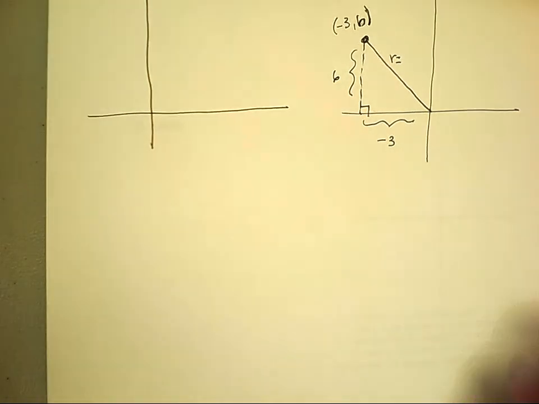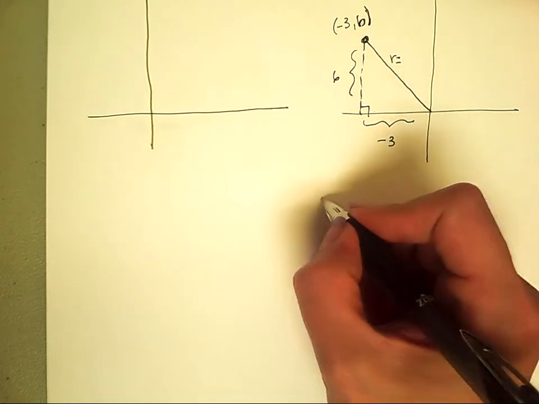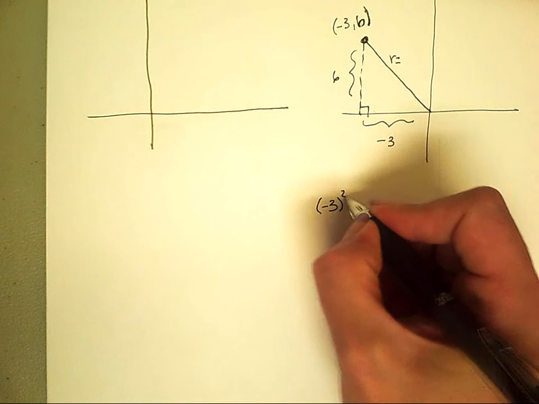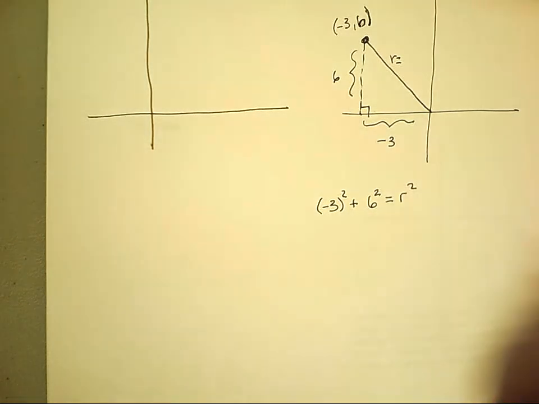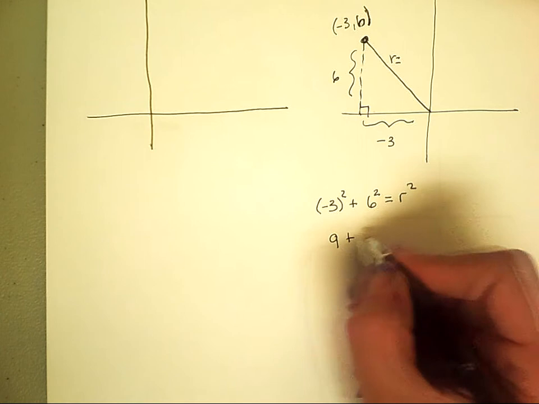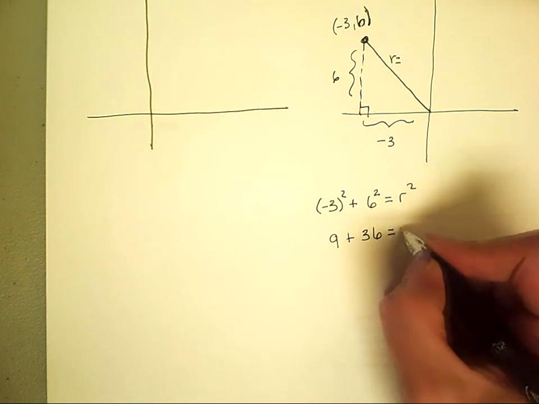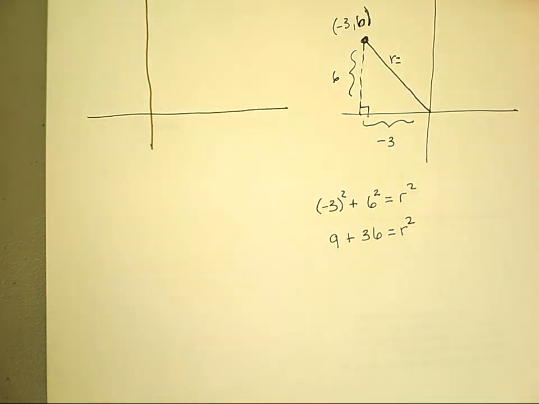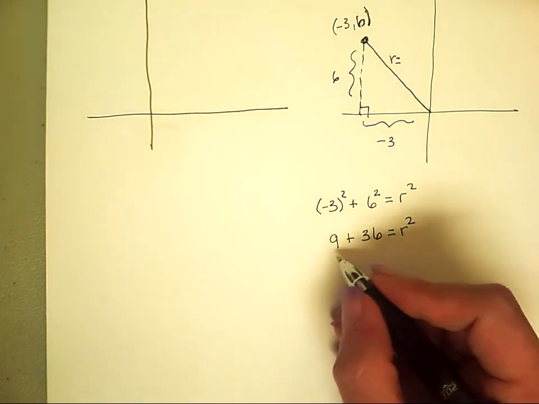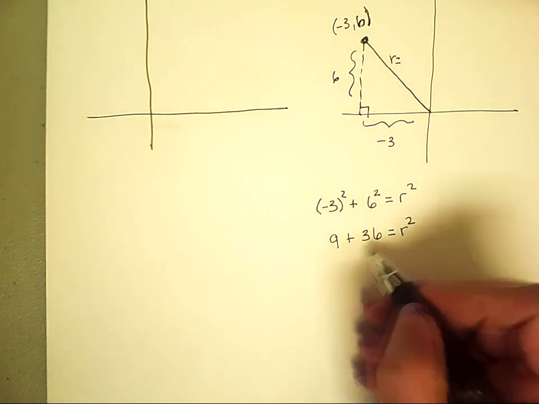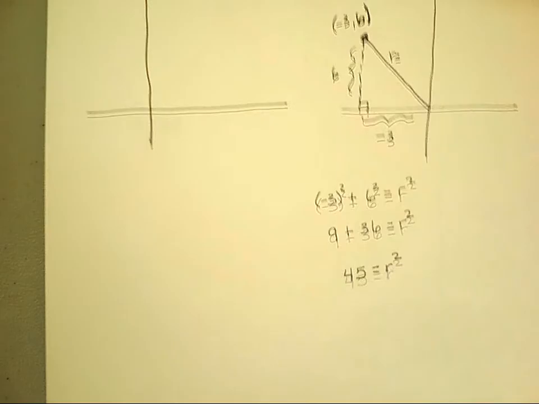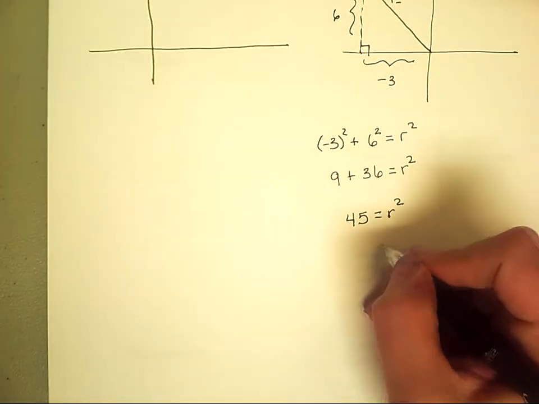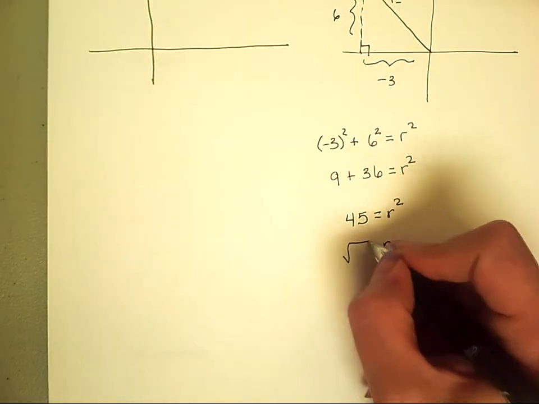Using the Pythagorean theorem, we know that (-3) squared plus 6 squared has to equal r squared, or that 9 plus 36 equals r squared, which is 45. So r will be equal to the square root of 45.